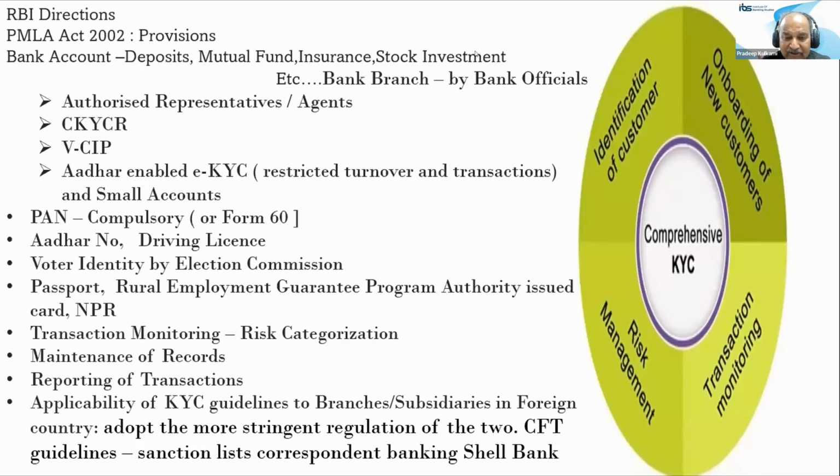So what is STR? Suspicious transaction means a transaction not in tune with the profile of the customer. To understand it in a very simple way, you have opened an account in the name of XYZ, who is a student. When a person is a student, what kind of things can come into his account? Your system knows, isn't it?